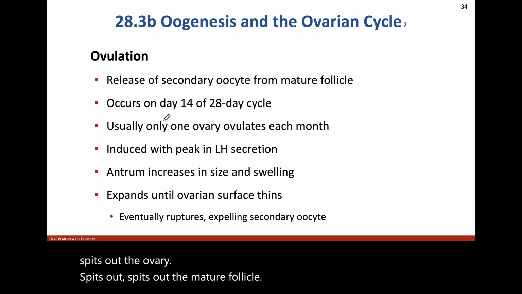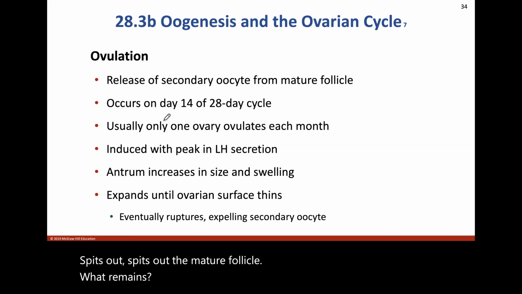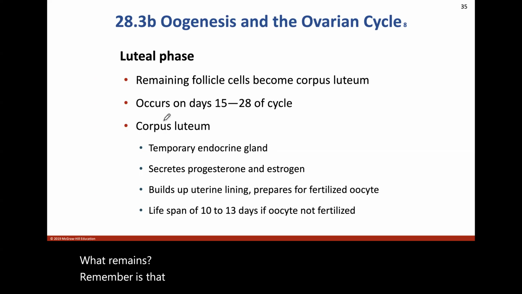What remains, remember, is that corpus luteum. This is the luteal phase. Day 15 through 28. The last 13 days.